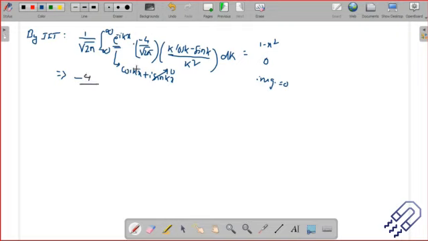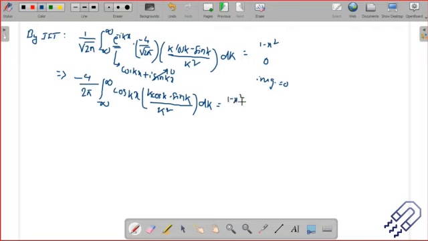Minus 4, I can take it out. 2 pi, 2 pi will become 2 pi. And minus infinity to plus infinity. I will just set a cos kx from here, cos kx. And then we have k cos k minus sin k divided by k squared, and b is equal to 1 minus x squared and 0.